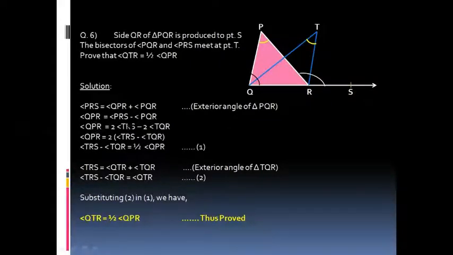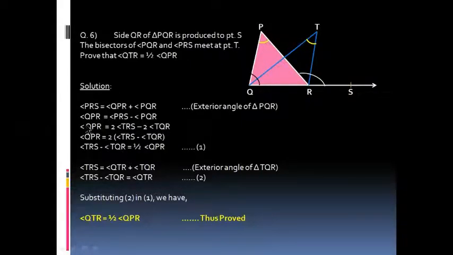Now if you look at the figure, angle PRS is double of the angle TRS. Okay, and similarly, angle PQR is double of the angle TQR, this internal angle of this blue triangle.